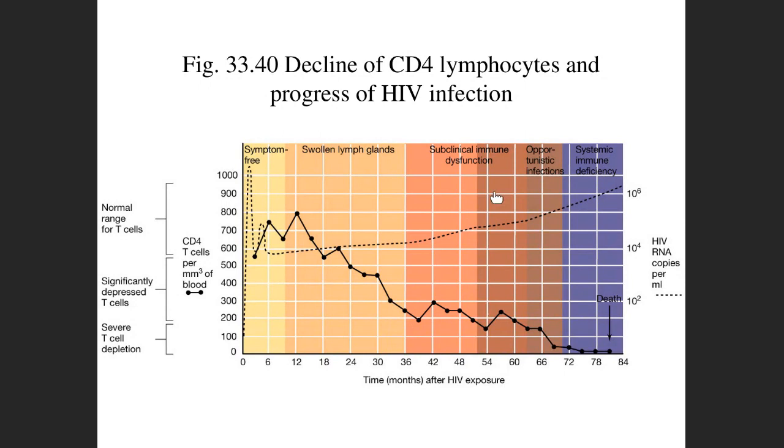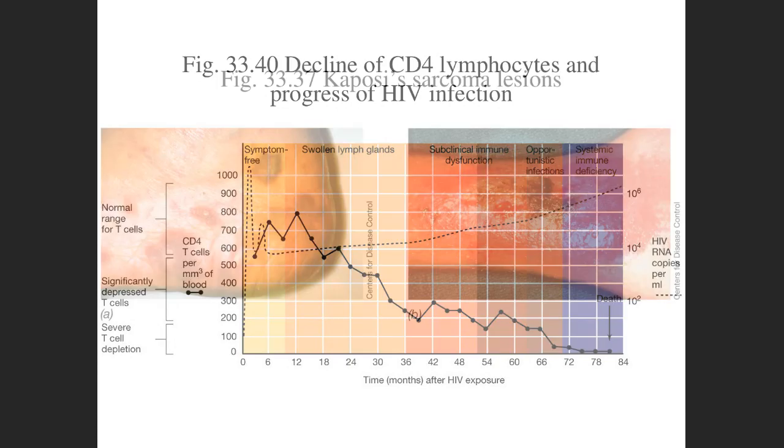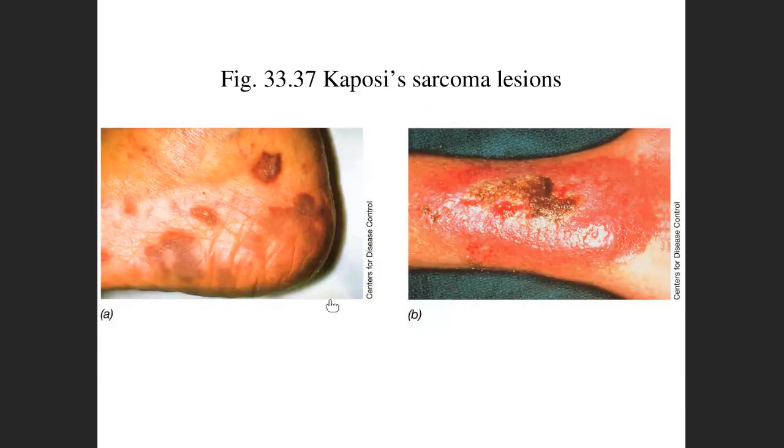At this point, you can start to see secondary infection coming in. And eventually, the secondary infections are the ones that kill the people. Normally you wouldn't have these fungal infections because your body is able to easily kill them, but those fungal infections can go on and spread in your body and eventually kill you.